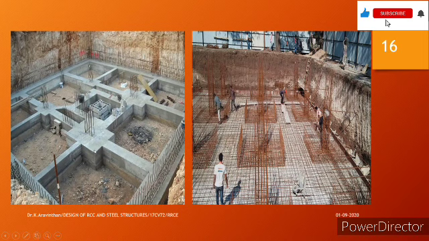An individual isolated footing is here for each and every column and it is connected by a beam. So this beam is known as the strap beam. This beam allows the heavier loaded and the lightly loaded structure. This beam connects and it tries to balance the load and takes the moment.